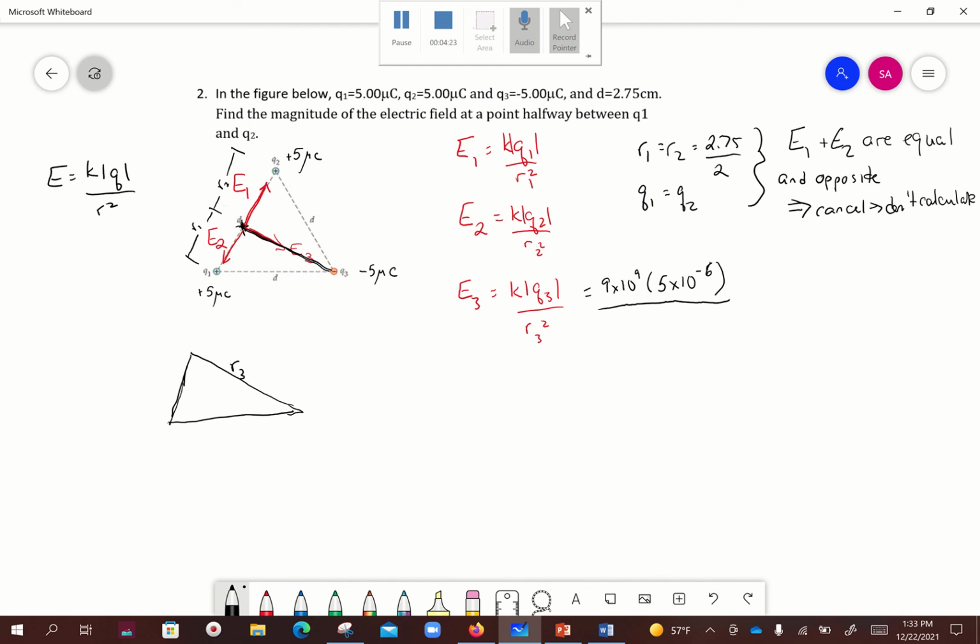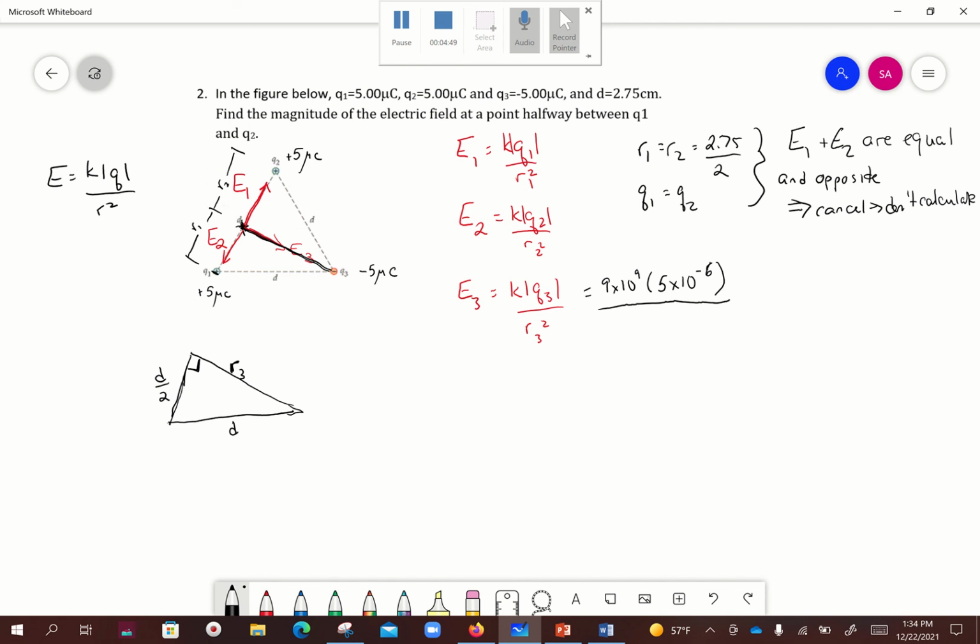That's R3 that I'm trying to find. This is a right angle triangle. So I guess this isn't actually a hypotenuse, is it? This side here at the bottom, that's the hypotenuse. So I know what the bottom side is. That's D, right? Which is 2.75 centimeters. And this side here goes from Q1 to the halfway point, so that's going to be half of D.